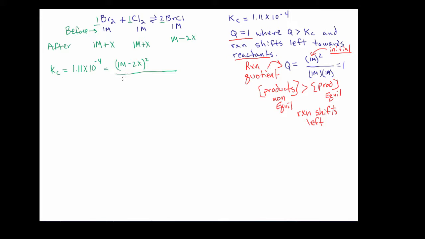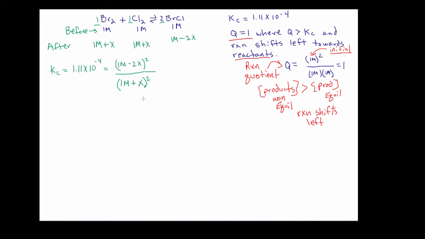And then in the denominator, we're going to have 1 molar plus x, and that quantity is squared.